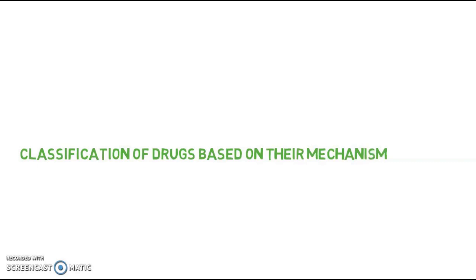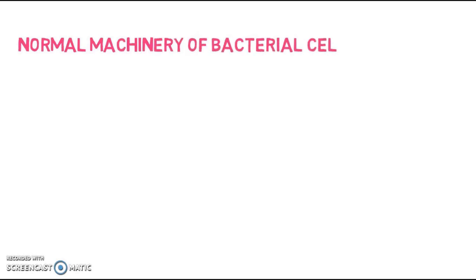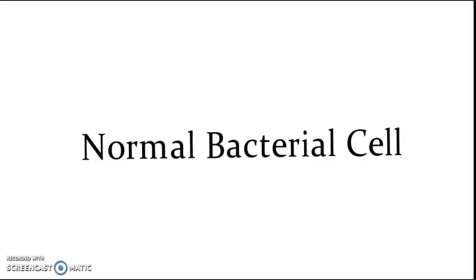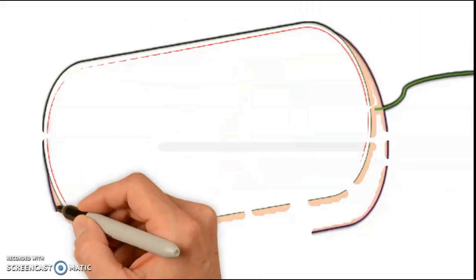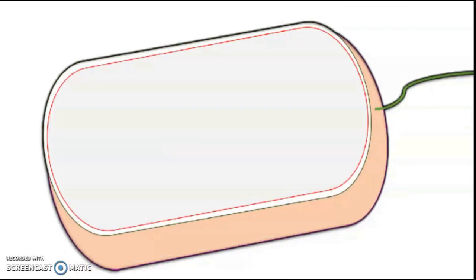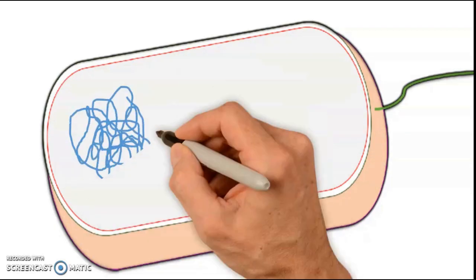Now, we will look into the classification of antibiotics based on their mechanism of action. But before that, it is essential to understand the normal machinery of the bacterial cell in order to treat bacterial infections. The normal bacterial cell has its own physiology and morphology, which consists of an outer capsule made up of cell membrane and peptidoglycan layer.